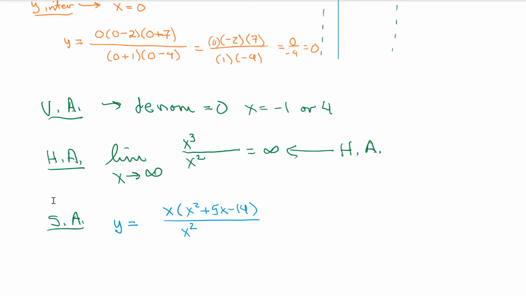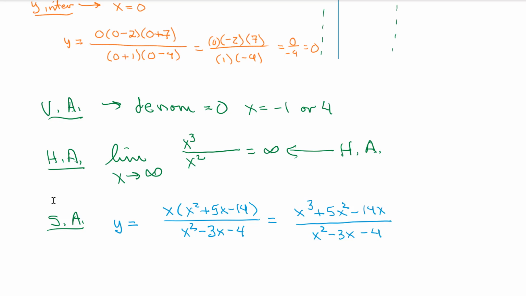Distributing the x in the numerator is going to give me x cubed plus 5x squared minus 14x over this x squared minus 3x minus 4. So when I multiply this all out, you can see that we definitely are looking at a situation where we're going to have a slant asymptote.